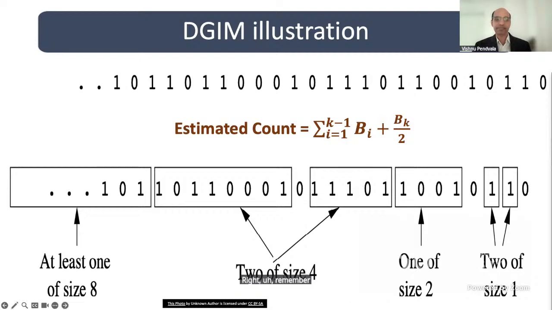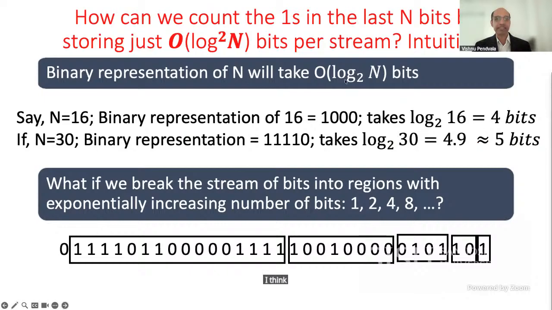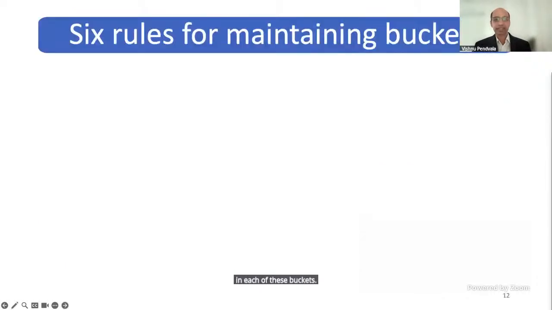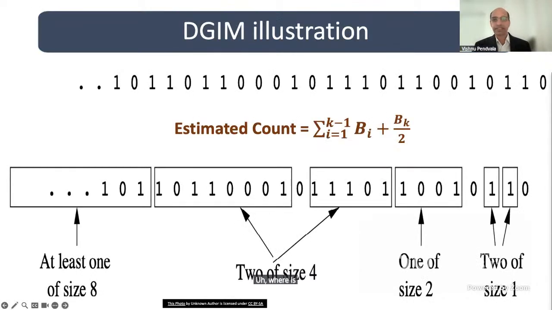Remember the discussion we had previously, the binary, I think this slide, right? So this discussion. So we will need logarithm of n to store the number of bits in each of these buckets. So that is the idea.